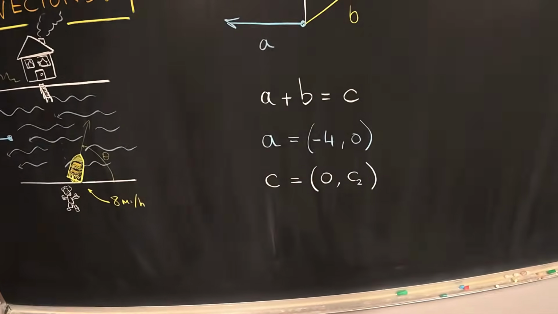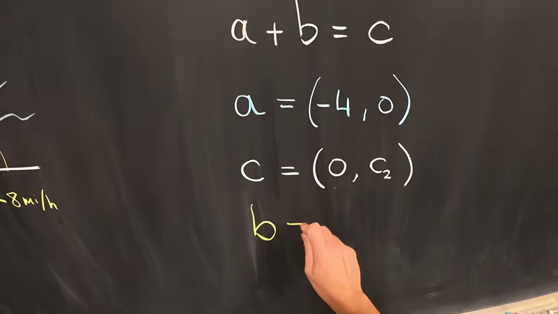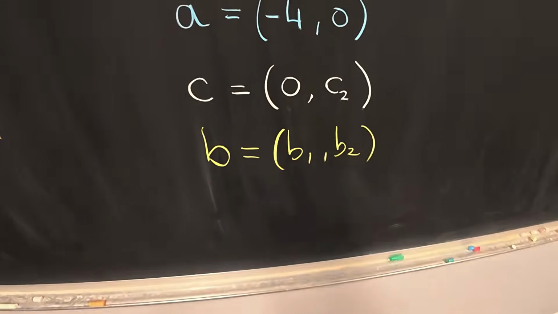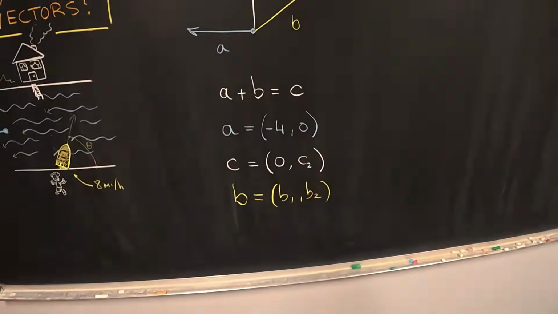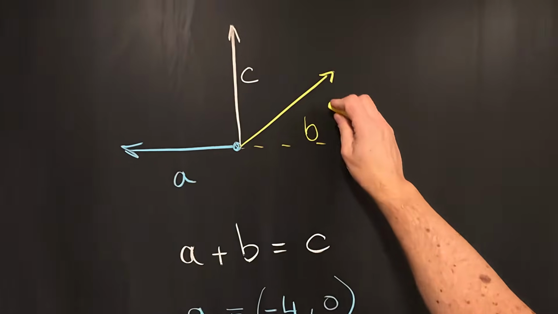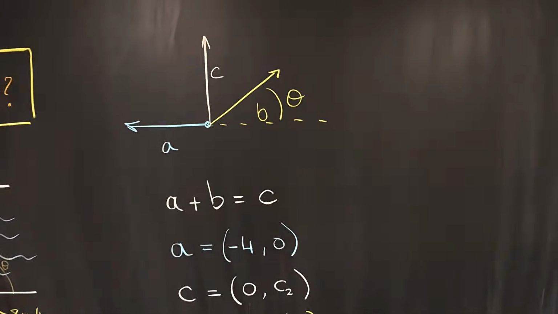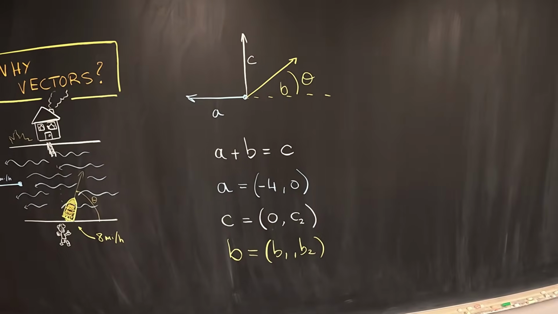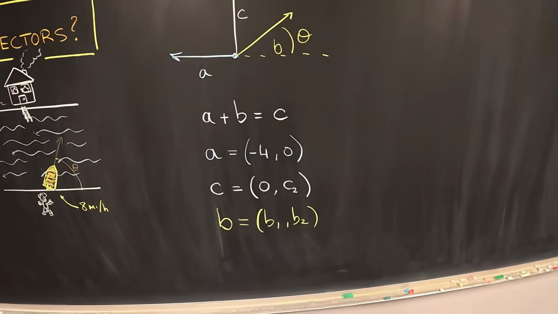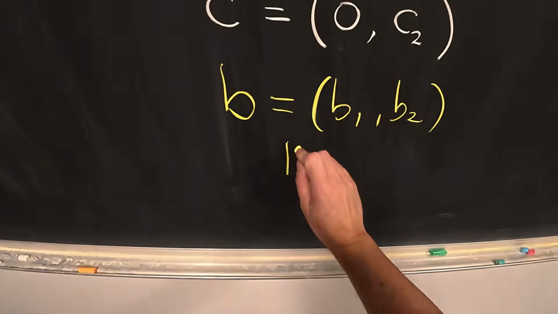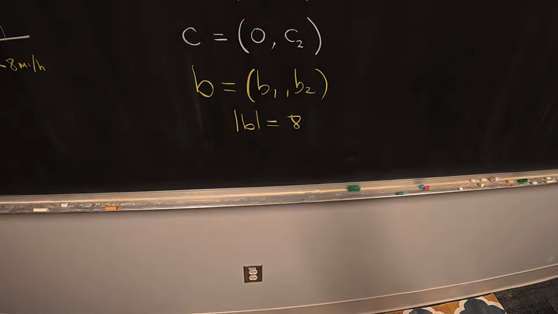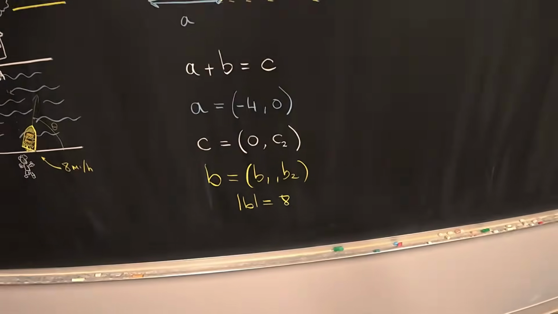And now, what are the coordinates of the boat velocity? Well, I don't know those, but I'm going to try to figure them out. In fact, what I need to figure out is this angle, so I know where to go with my own boat. So let's try to write that in coordinates. The information I do have is that the boat goes at 8 miles per hour. So the magnitude of the vector for the boat is 8.